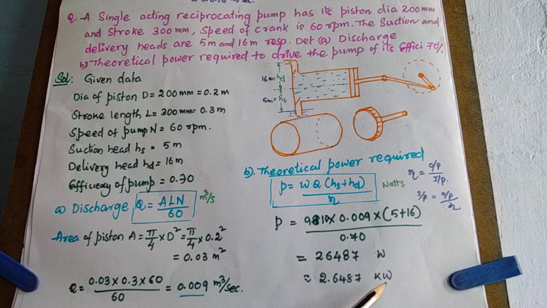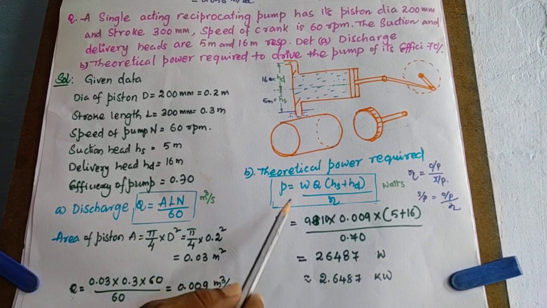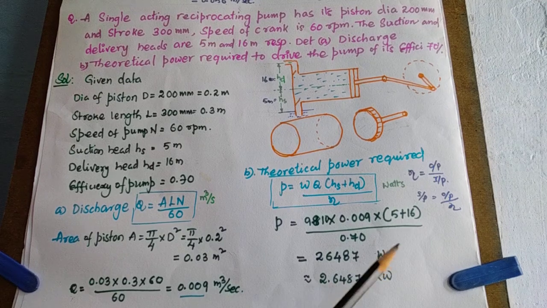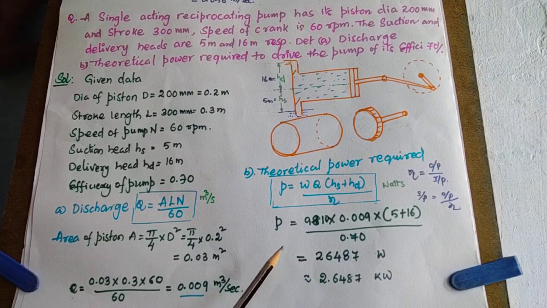This conversion may or may not be required. You can just put watts or kilowatts, no problem. But finally, the theoretical power required is equal to 26487 watts. Otherwise you can also say 2.64 kilowatts. In this way you have to solve the problems easily.